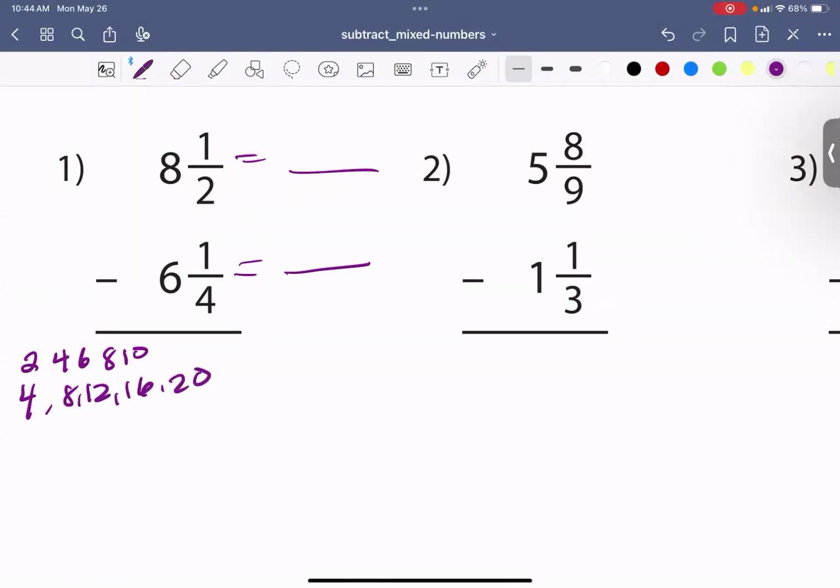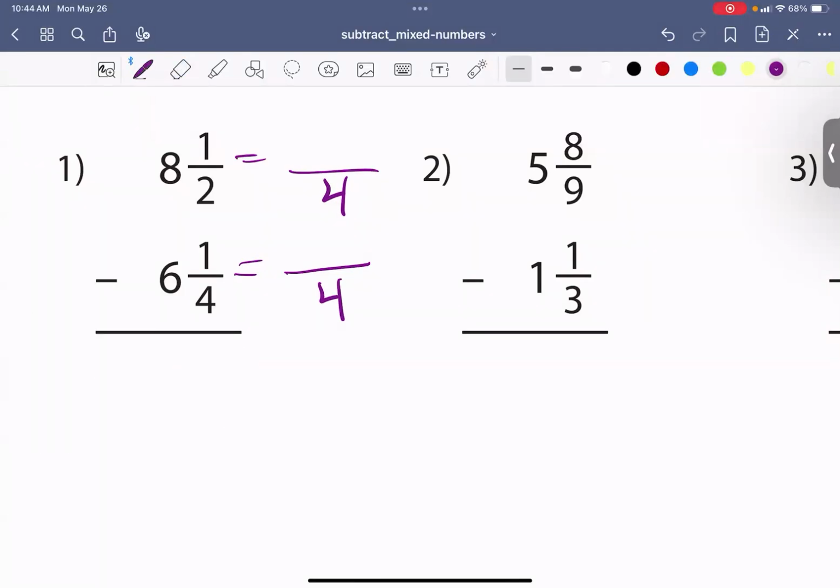As soon as I see a common multiple, 4, I can stop. That's what you'd have to do for every one of the problems: find the least common multiple and use that as the new denominator.